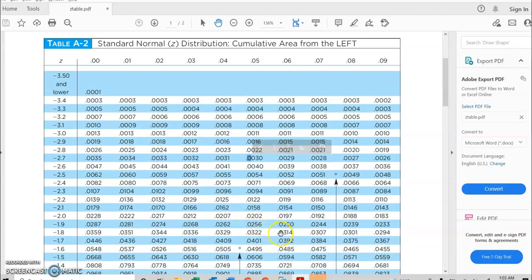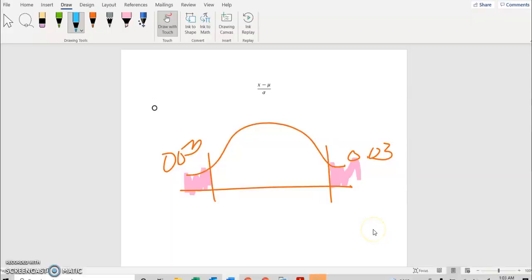I want 0.03. Okay, right here, there's the closest, 0.0301. And you're just looking for the absolute closest one. So I can see this tracks back to negative 1.88. Okay, so this is negative 1.88.